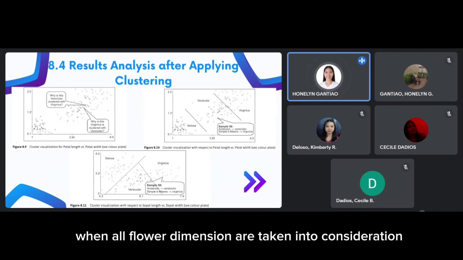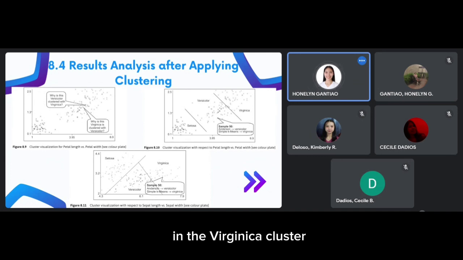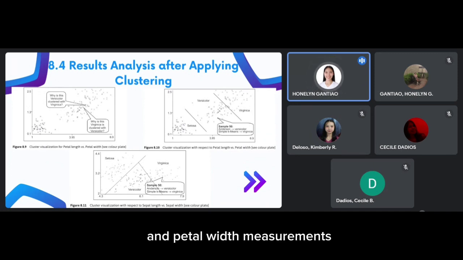So when all flower dimensions are taken into consideration, the simple k-means algorithm puts sample 50 in the Virginica cluster, not the Versicolor. In contrast, recall that our decision tree classifier made decisions only on the basis of petal length and petal width measurements. It did not consider sepal length and width in the classifier.